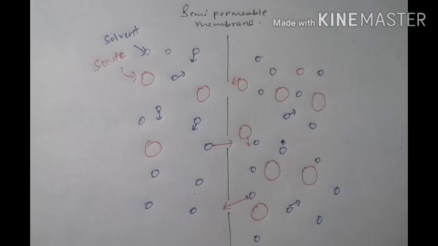If they were allowed to diffuse, they would just go down their concentration gradient, and you would have more of these big particles moving from right to left than from left to right, because you just have more on the right hand side.